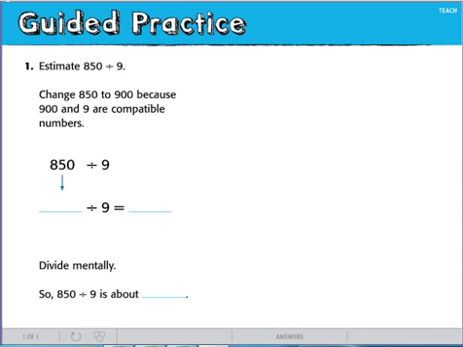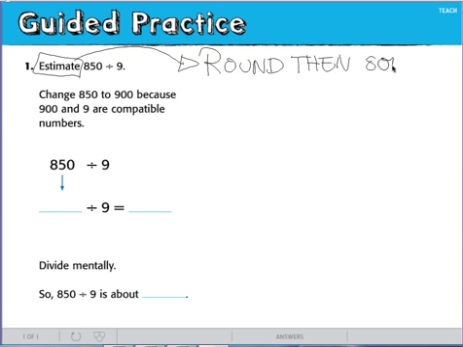All right, so estimate 850 divided by 9. Estimate. Round. Round, then solve.